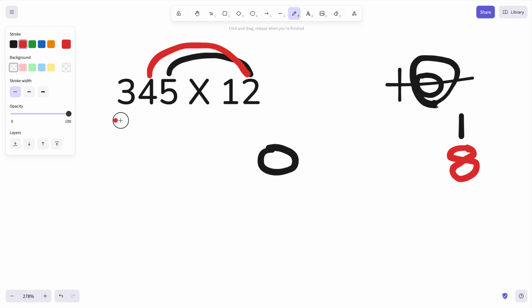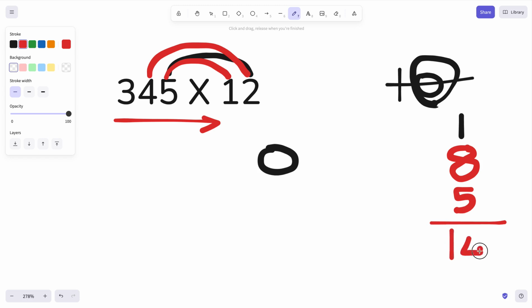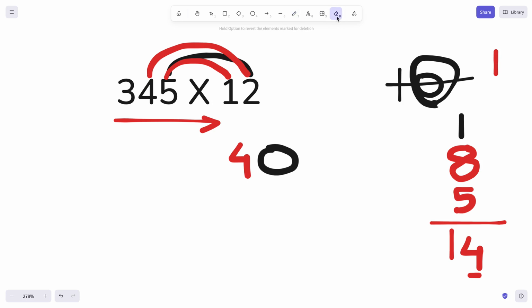And who are the neighbors on the right side? 5. So 5 ones are 5. So now you add, the answer is 13. So we take the number 3 and we write it in our answer, and the 1 is carried over. Let me erase.